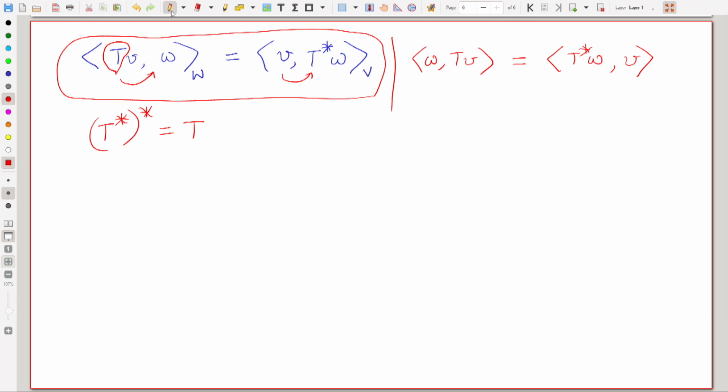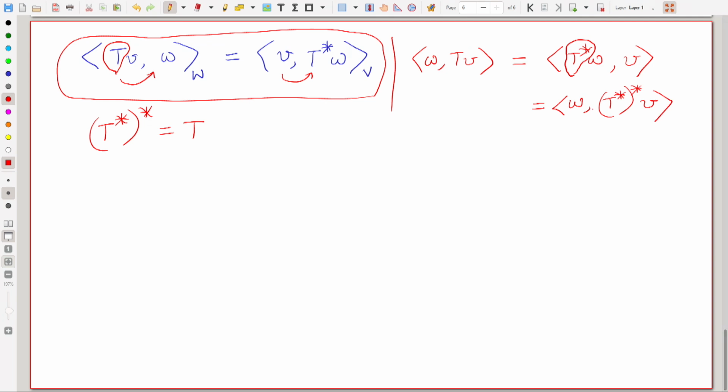Now look at the thing on the right. Think of T* itself as my operator. T* is my operator. So now the same thing as before. What will T* star mean? If I try to move the T* from the left side to the right side, it will become its star.